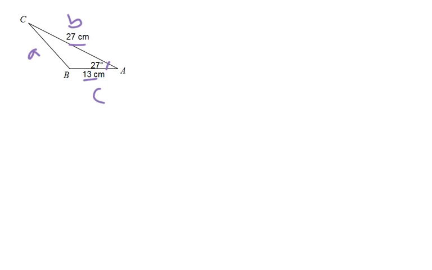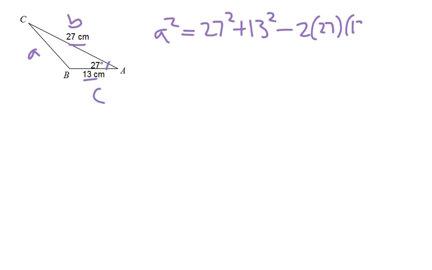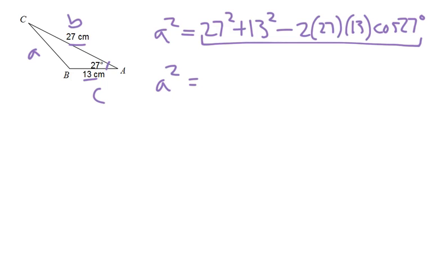So I would go a squared, because that's what I'm looking for, equals b squared, so 27 squared, plus c squared, 13 squared, minus 2 times 27 times 13 times the cosine of 27 degrees. So this one, honestly, you can take that whole thing and just write it and get a squared. I'll do it kind of piecewise just to make sure you understand what's going on.